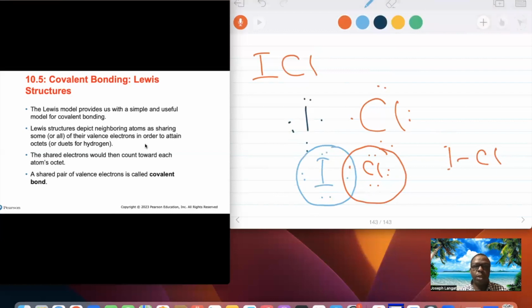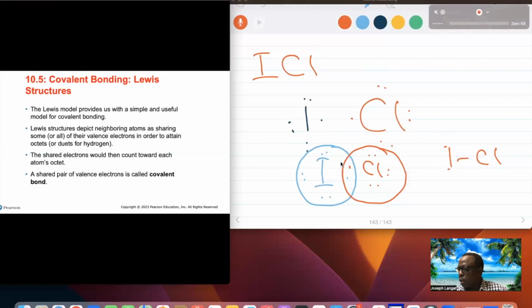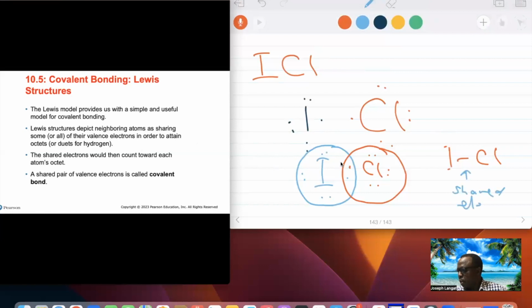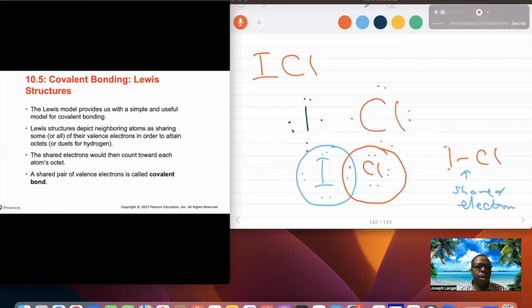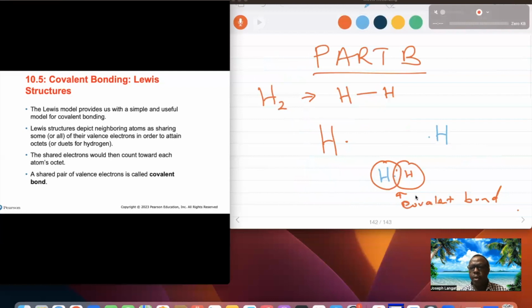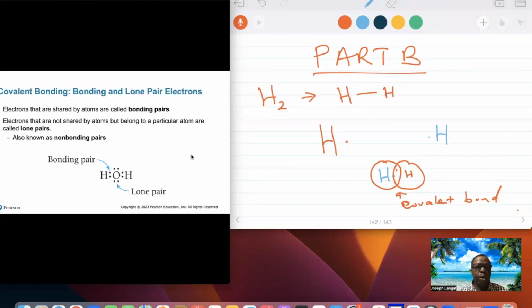We call this the octet rule: 8 electrons in their valence shell, except for hydrogen, as I indicated in the previous slide, which ends up with only 2. These are the shared electrons. A shared pair of electrons, and pair means 2 electrons. For hydrogens, we have 2 electrons here. We call this a covalent bond. We're going to talk more about covalent bonds as we go along.